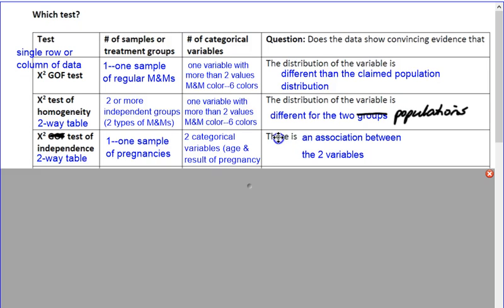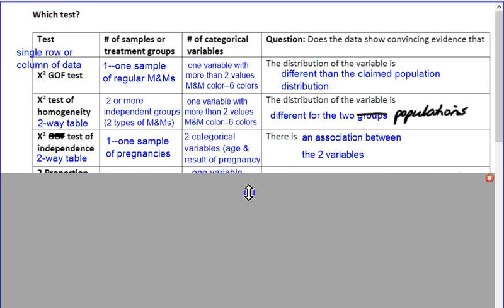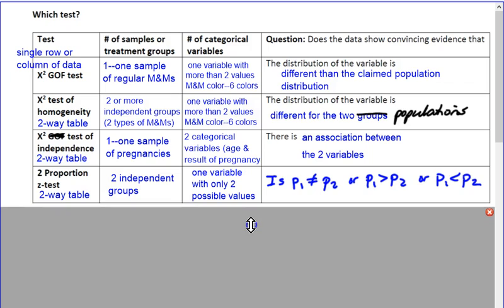Now we have one other situation where we have a two-way table where we don't actually have to do a chi-squared test. We could, but we don't have to. If we have a two-way table with 2 independent groups and one variable, but that variable only has 2 possible values, then we can compare proportions using a 2 proportion z-test. So basically our question is, are the 2 proportions not equal to each other?